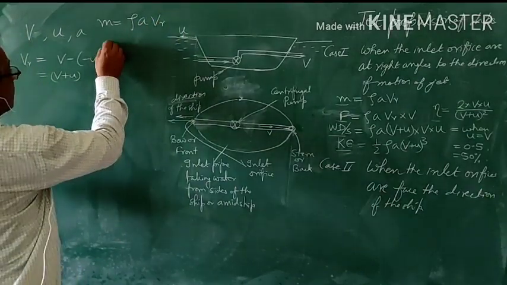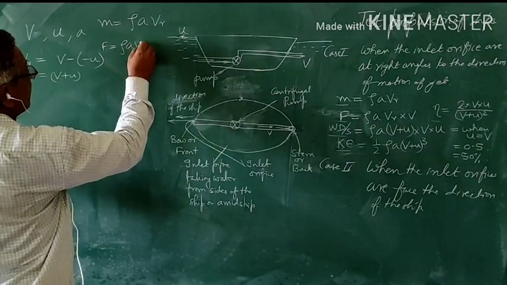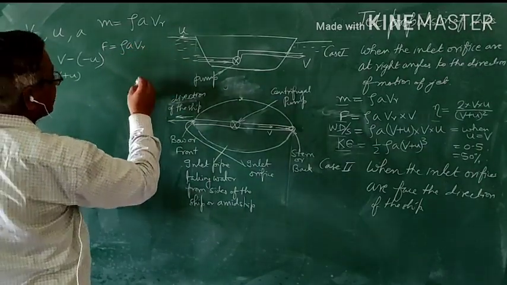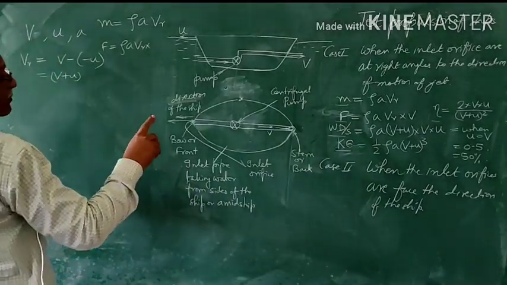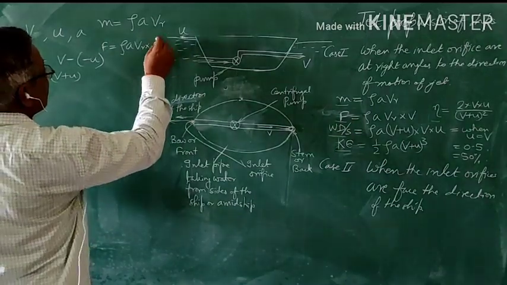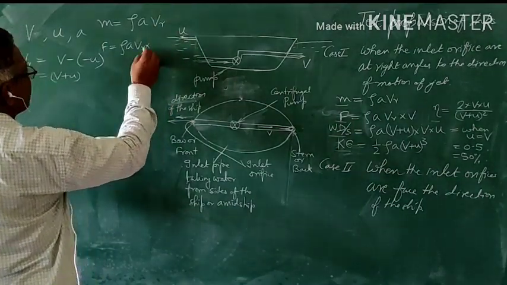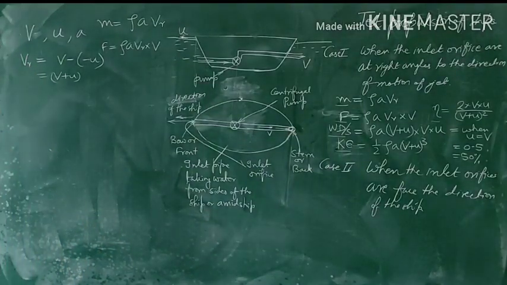The propulsive force will also remain the same, mass flow rate multiplied by the change in velocity. The change in velocity will be the same, Vr minus U. So it is Vr minus U that gives you the value V. So this is the mass flow rate.